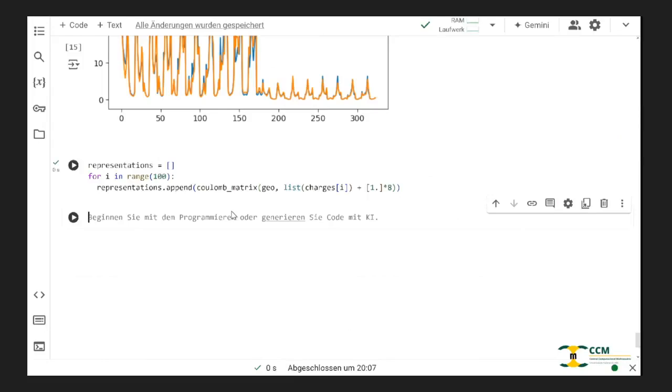That builds us the Coulomb matrix, always for the same geometry, but for the different set of charges for the first 100 entries. So our 100 vectors. Everybody happy? Okay.